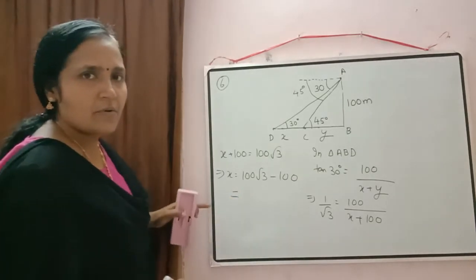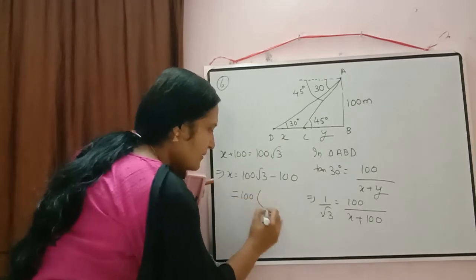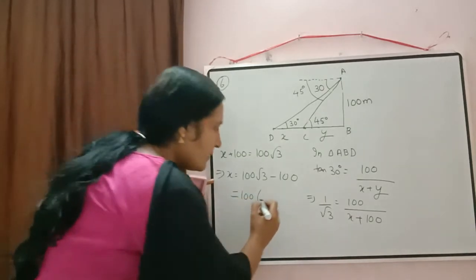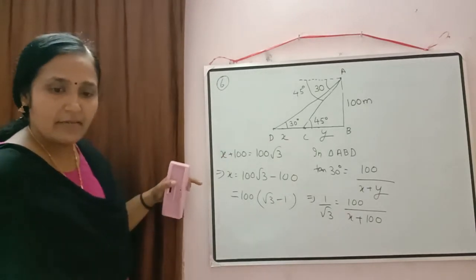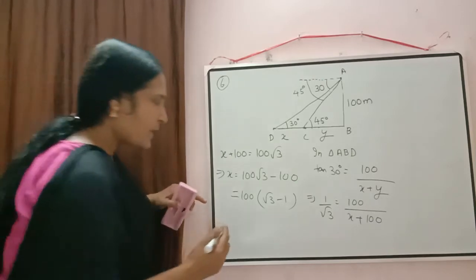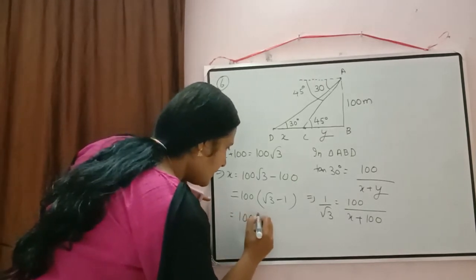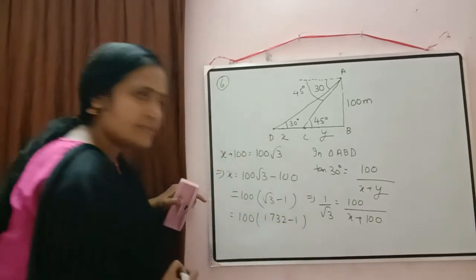Now to make our calculation easy, what we can do? We can take 100 common from here. Inside the bracket what will come? Root 3 minus 1. And since in the question it is given, substitute root 3 is equal to 1.732. Then we can substitute here 100 into, in place of root 3, 1.732 minus 1.